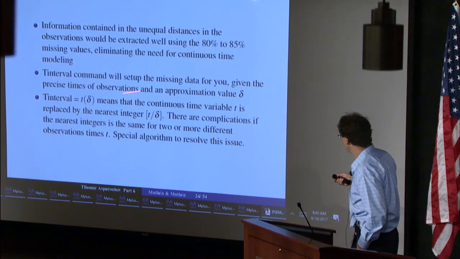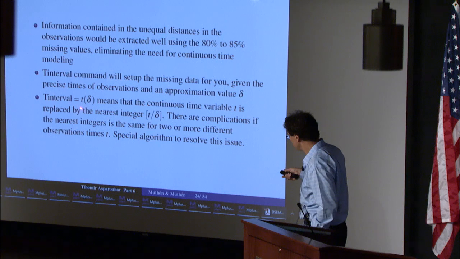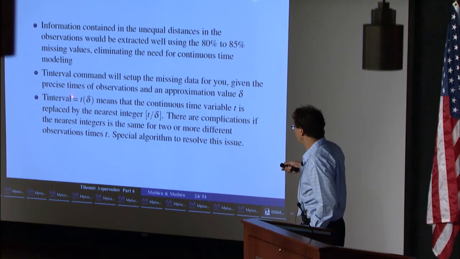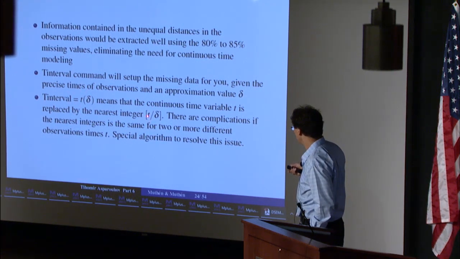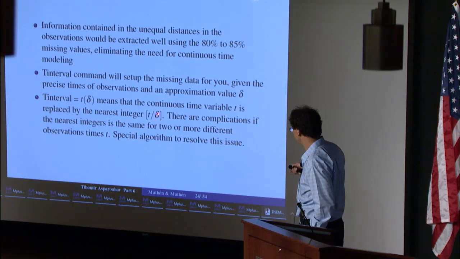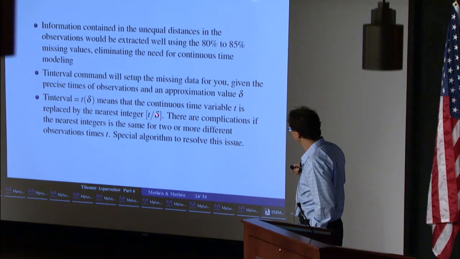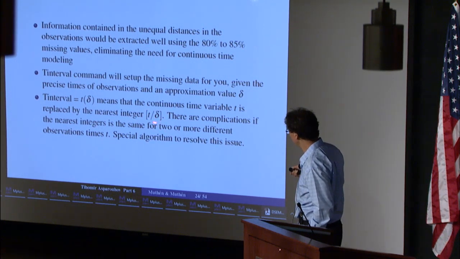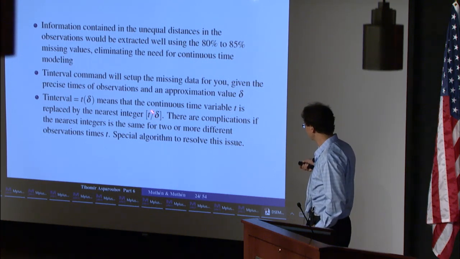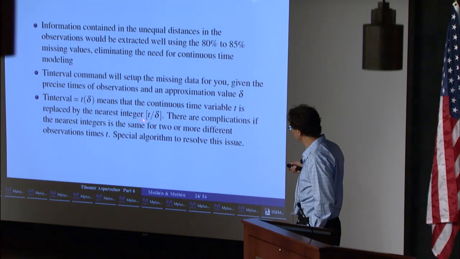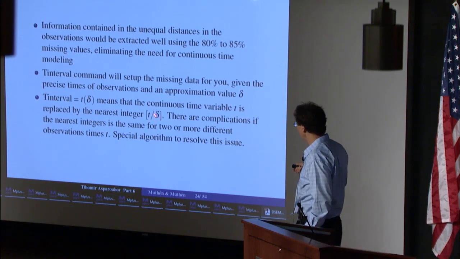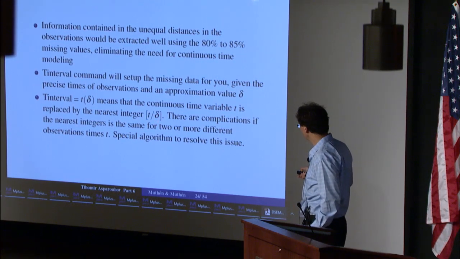What the algorithm essentially does is take the variable that's the original time of observation, divide it by this delta, and look at the nearest integer for that quantity, and that will be the new Mplus time that replaces the original time. Obviously it's an approximation.